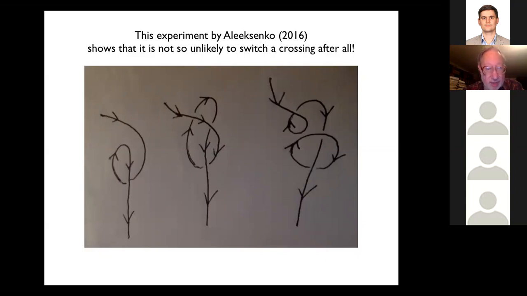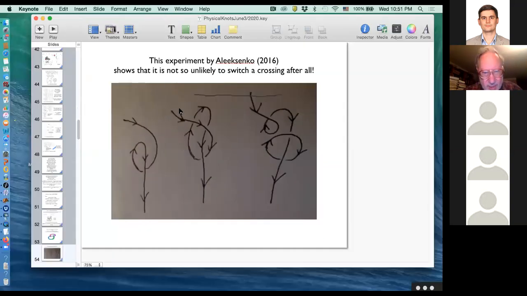It does slide under itself. I was asking before, might it slide under itself in orchestrating a switch? Well, it comes close here. The vortex slides under itself, and then it undergoes a reconnection right where you might think it did from this picture. That is between here and here, right?